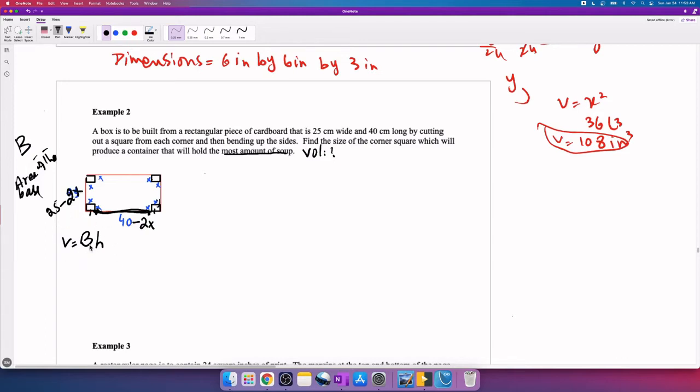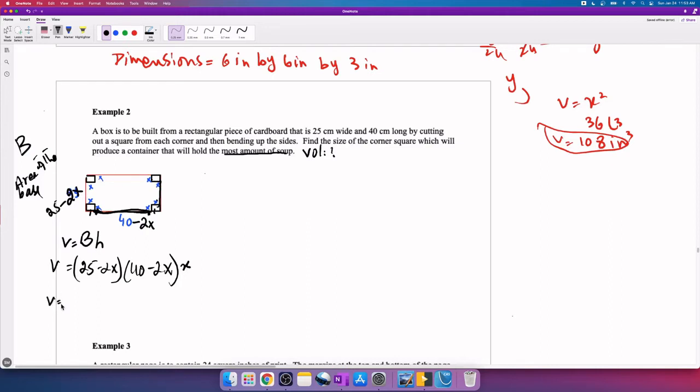What is the area of the base? Length times width. So volume is equal to 25 minus 2x times 40 minus 2x. What is the height? When we bend this portion and cut these squares, just imagine the bending, that's the height. So x is the height.